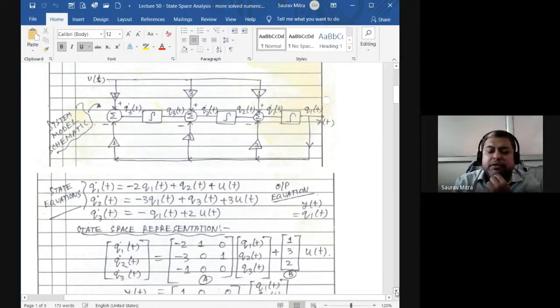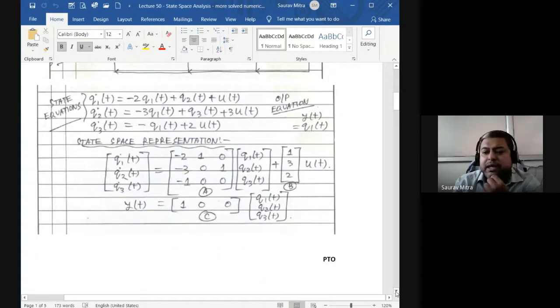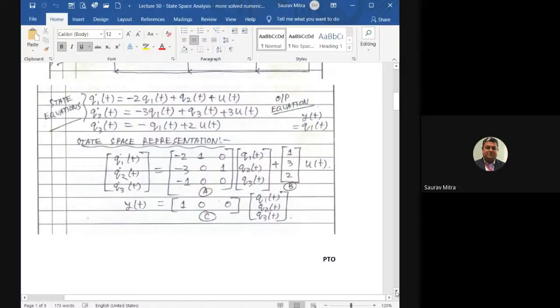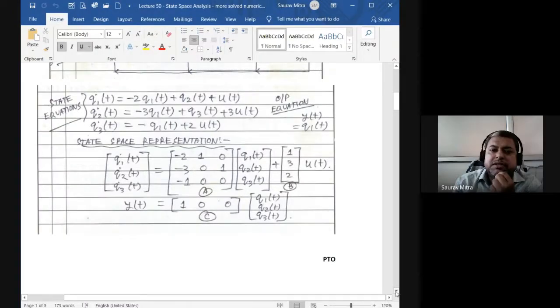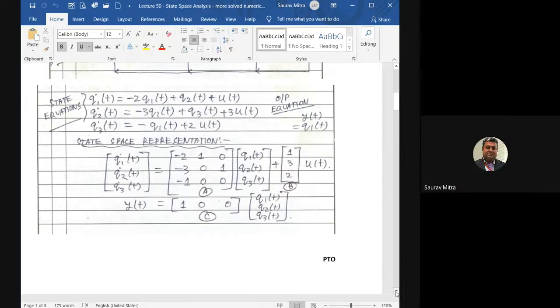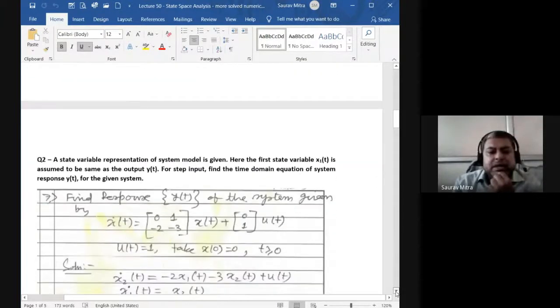From there, if you write it in matrix form, you can find the ABCD matrices. So this is the standard procedure that I follow. Same thing when the state variable matrix is given, you can find it. So this was numerical one.